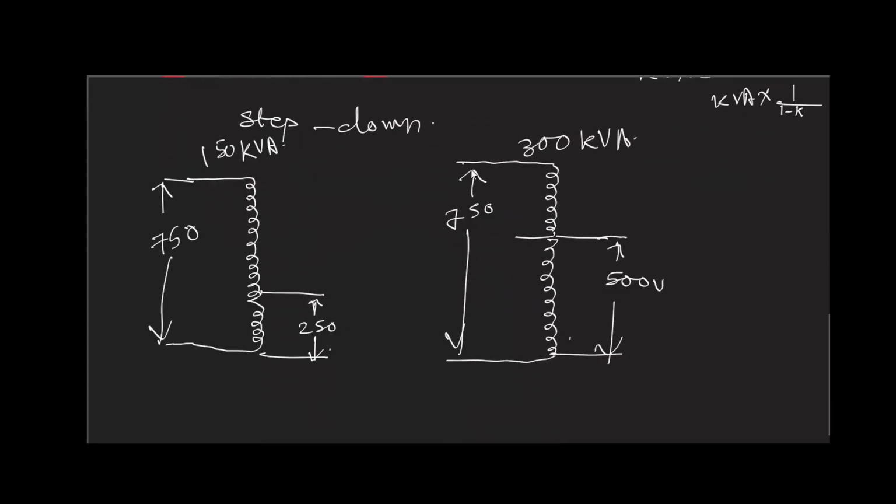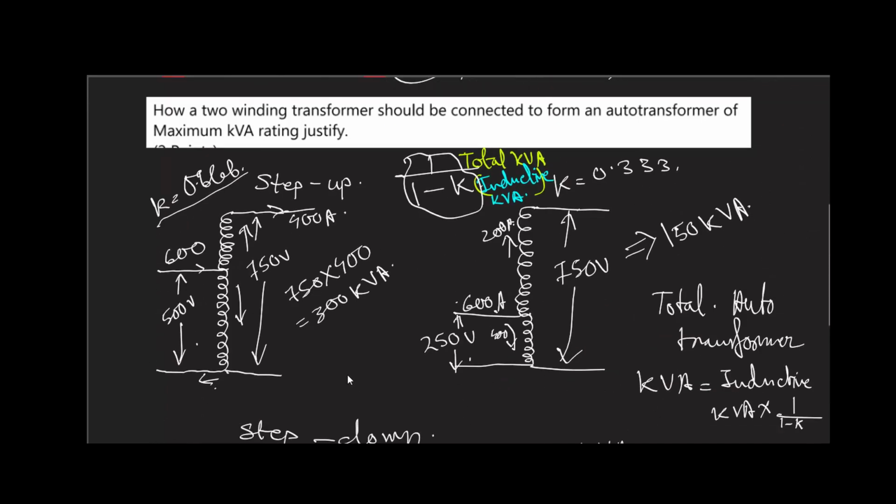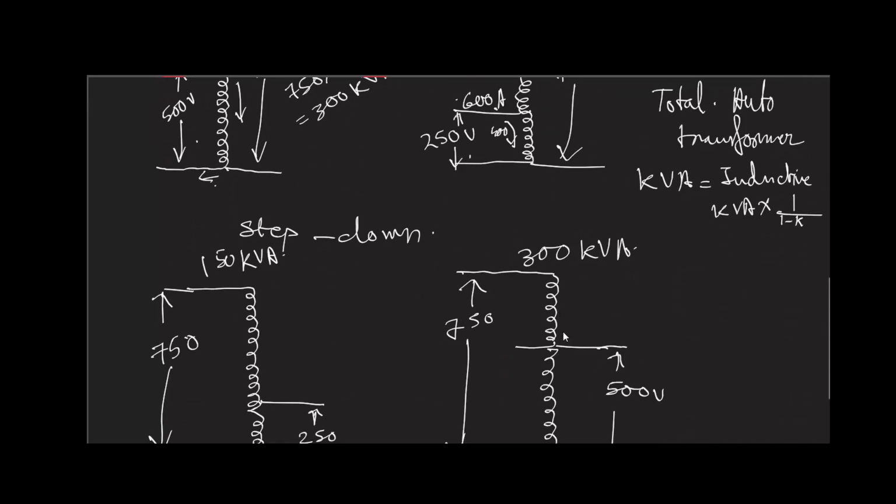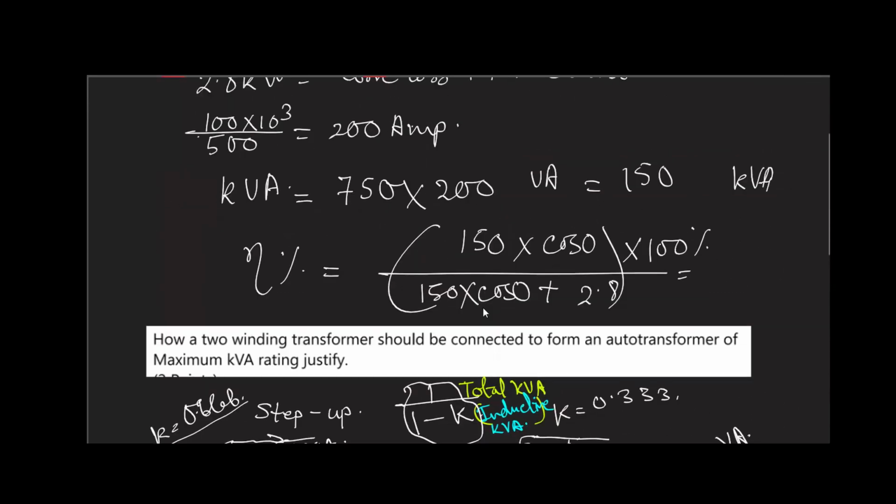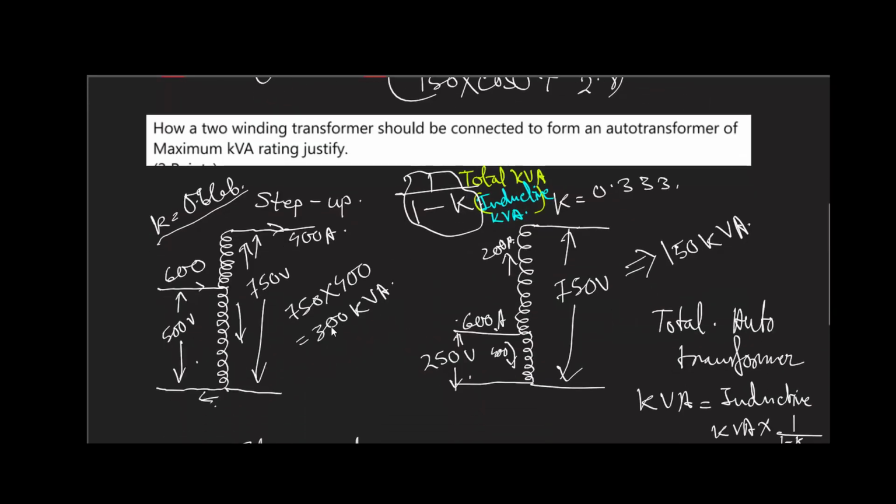Like here you can see what happens when we are talking about this transformer. What is the advantage of an auto transformer? How can it handle a higher amount of power rating? The answer, or the hidden key, is the amount of conductively transferred kVA.